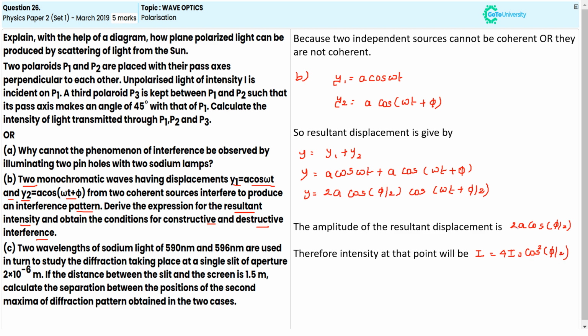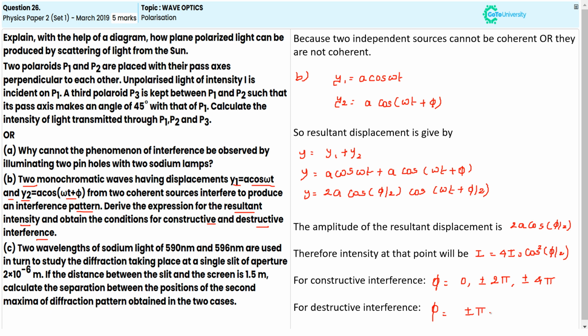For constructive interference, we can write phi is equal to 0, plus or minus 2 pi, plus or minus 4 pi. And for destructive interference, we can write the phi value as plus or minus pi, plus or minus 3 pi, plus or minus 5 pi.